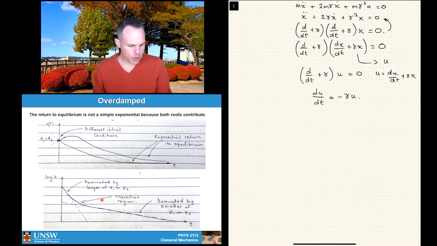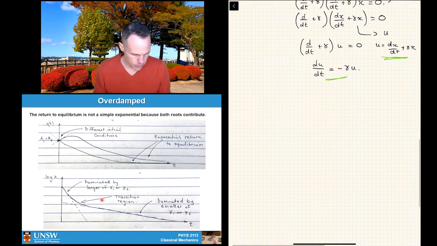So you can spot here for a moment that we've basically got two DEs. There's a DE that links u to x, and there's a DE in u. So we've sort of just separated this thing out into a pair of differential equations that we have to handle, right?